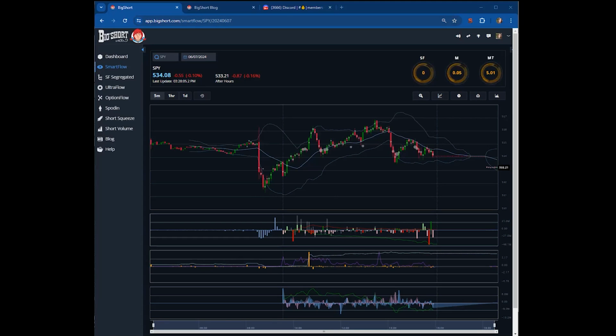Before, with swing trading, I've been able to time it pretty good, but now I've been able to time it to the particular day that it's going to turn around. Usually something's about to turn around on a swing. It might range for a few days before it jumps, but now watching these tickers in BigShort, I can look for those unusual option activity signals to come through, and I know that's when it's about to start to move.